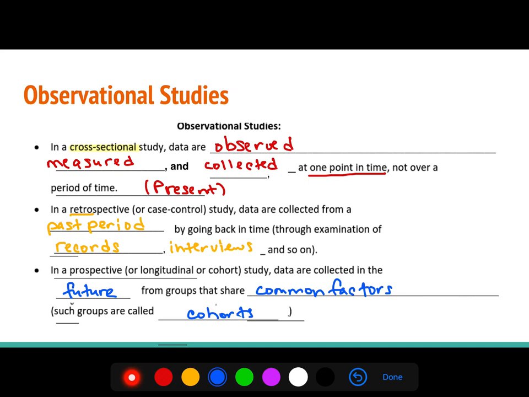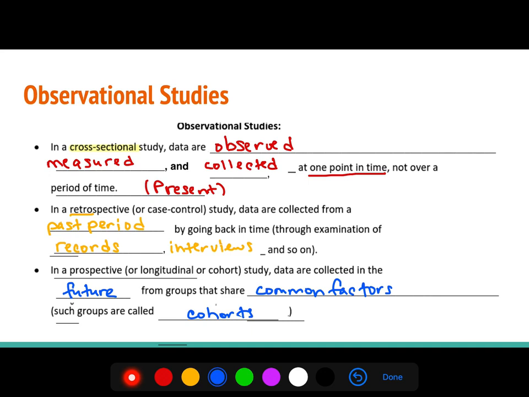So let's say somebody's examining some of those slave ship records. Those would be past records or interviews or any data from the past, collecting it and using it in an observational study to draw conclusions.